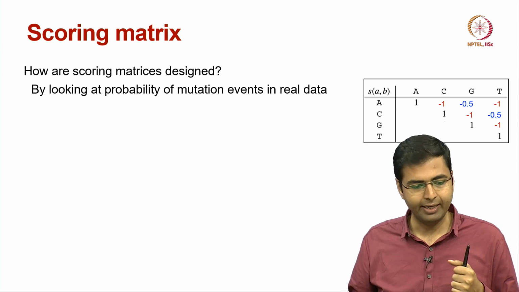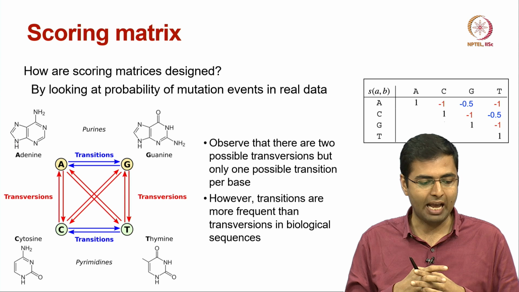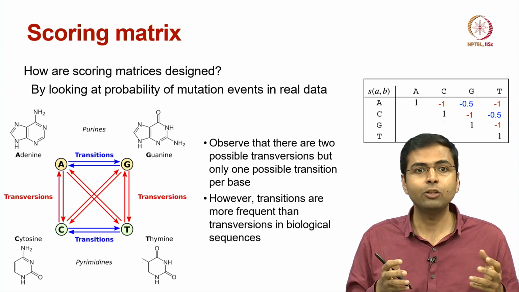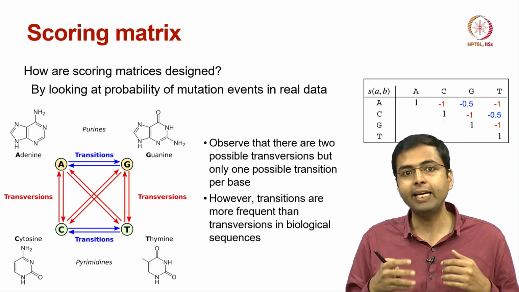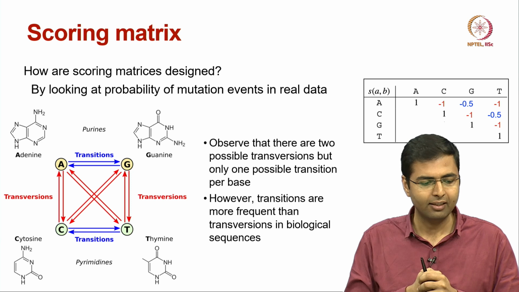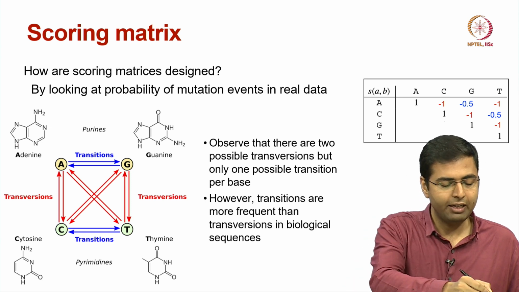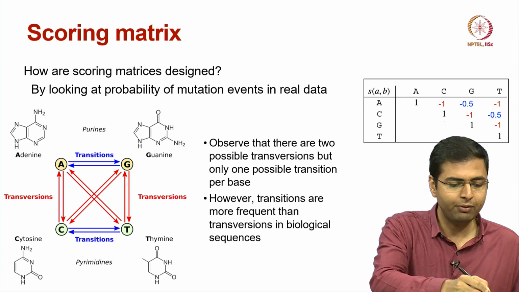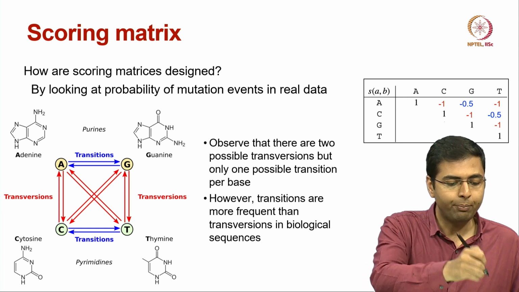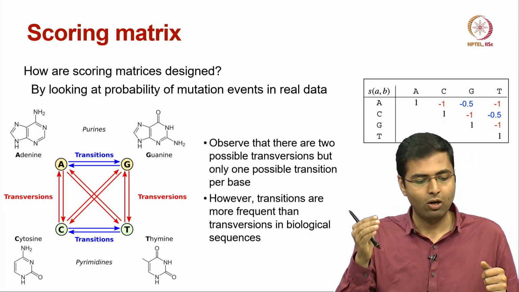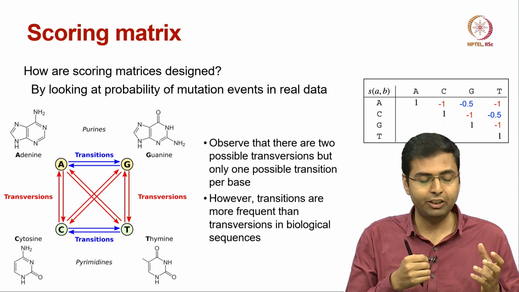So, for example, let us look at the DNA sequence alphabet. In DNA sequences you have A, G, C and T, right. So, observe that in DNA sequences we typically refer to a mutation from A to G or G to A as a transition.